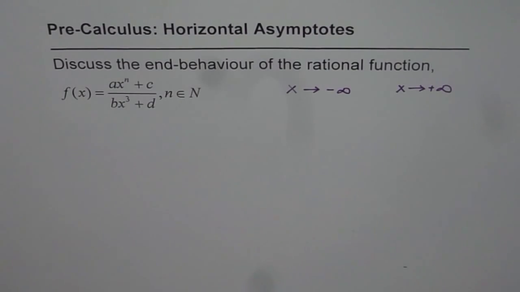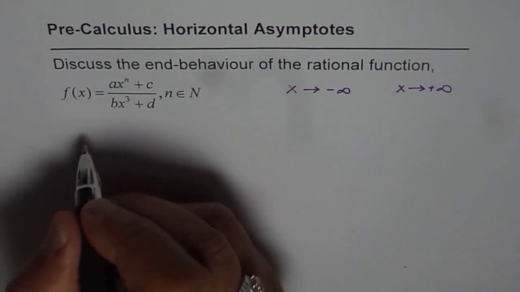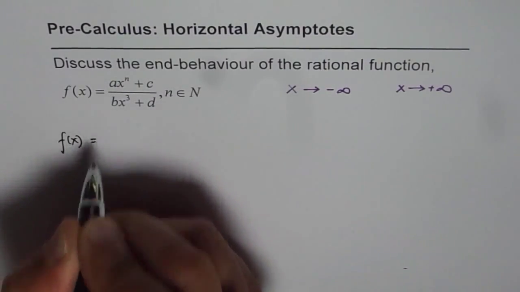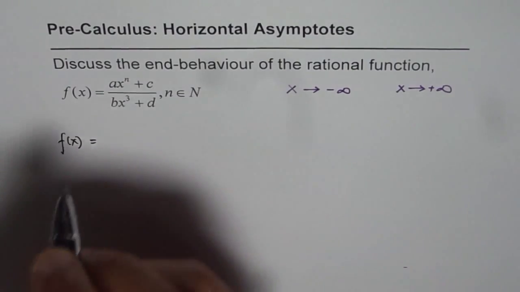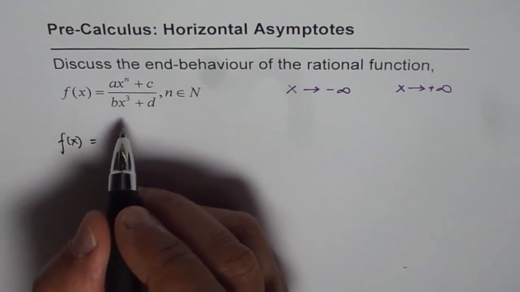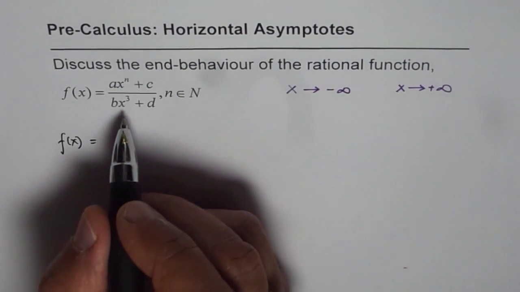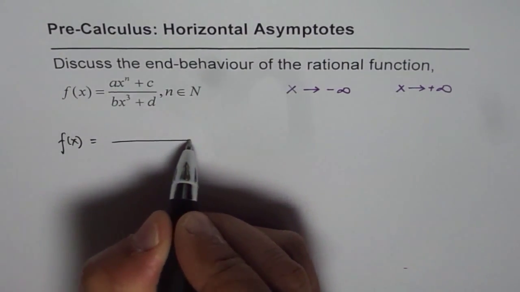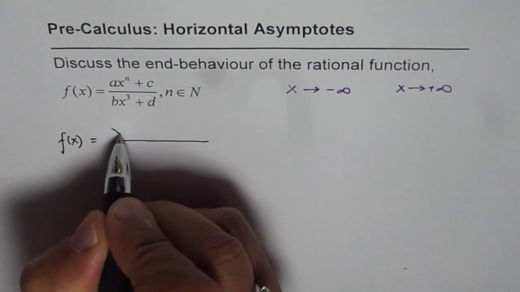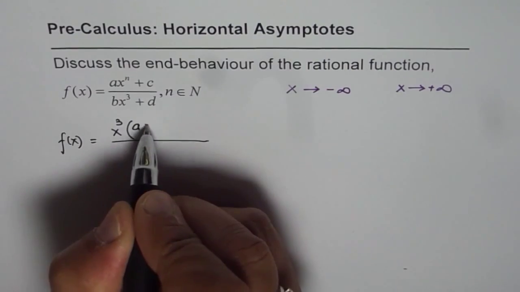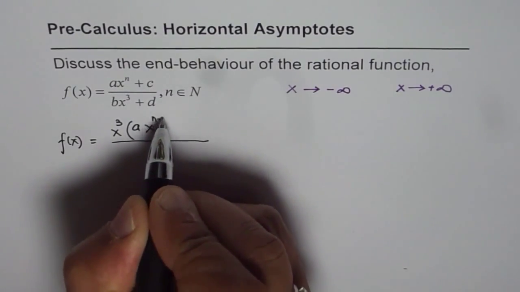So let's start with factoring out x cubed. So what do we get? We have the function f of x, and I'll factor x cubed out. From the numerator, if I factor x cubed, I have a times x to the power of n minus 3, right?